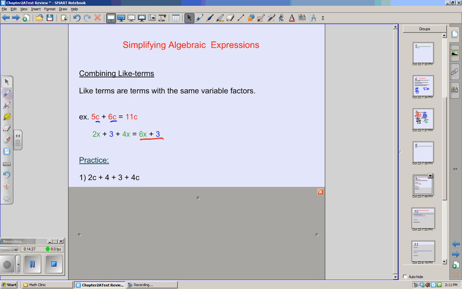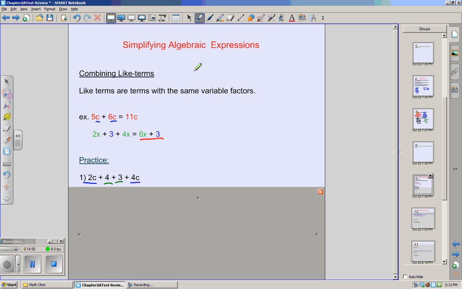I will demonstrate the next one. 2c plus 4 plus 3 plus 4c. I will color code this first so you're able to visualize which ones that you can combine. I notice that my 2c and my 4c are similar because they both have c's next to them.